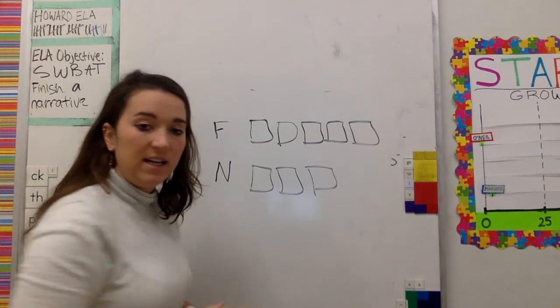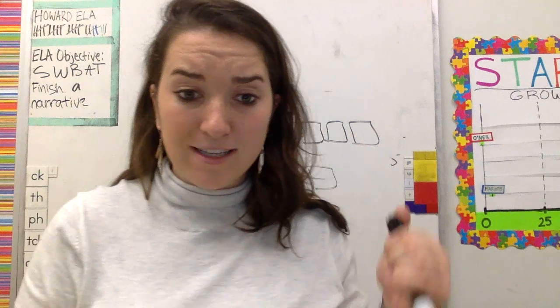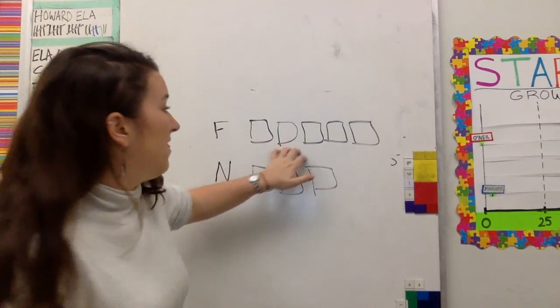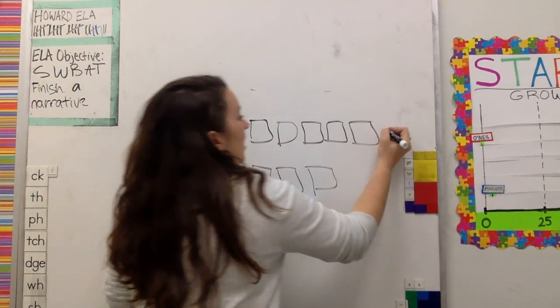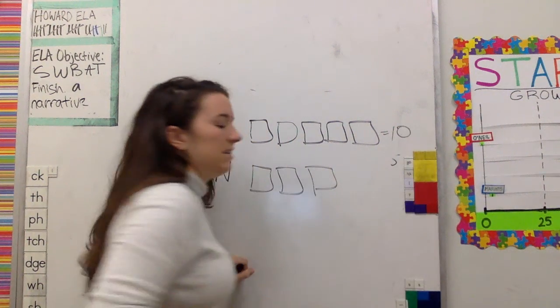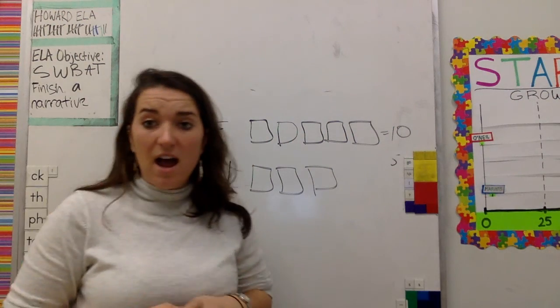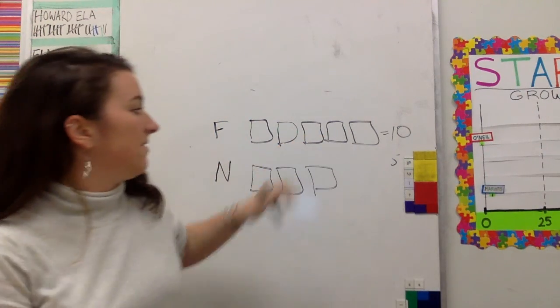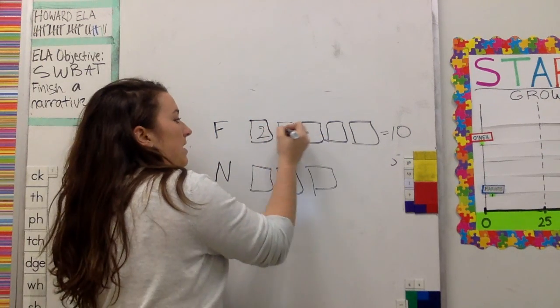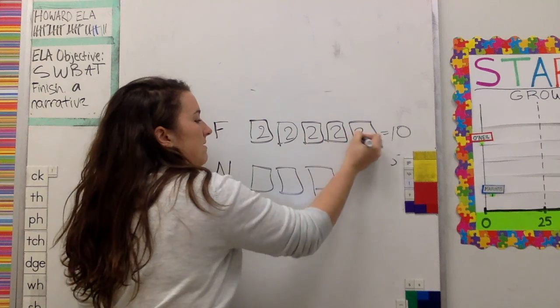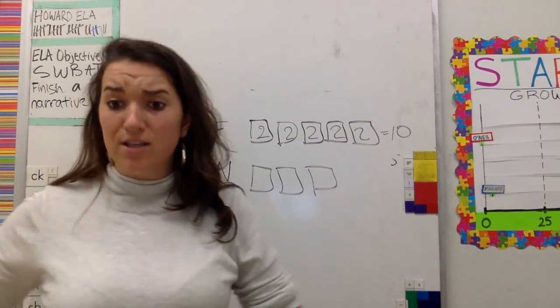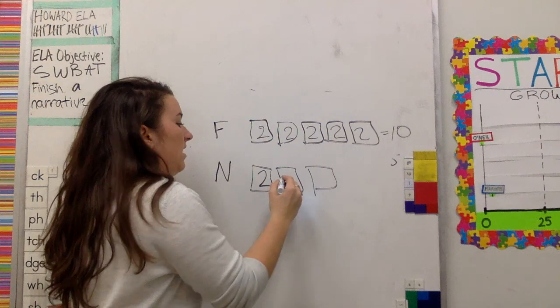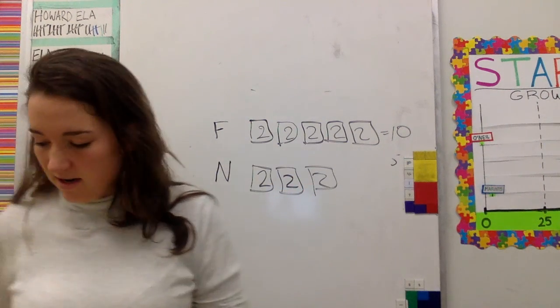What I know is that there are 10 fiction books. So I know that these boxes up here are going to equal 10. So then I need to figure out what goes in each box. So we have 10 split up evenly into 5 boxes, which will be 2. Because the same number goes in all the boxes, I can put them in the boxes down here.